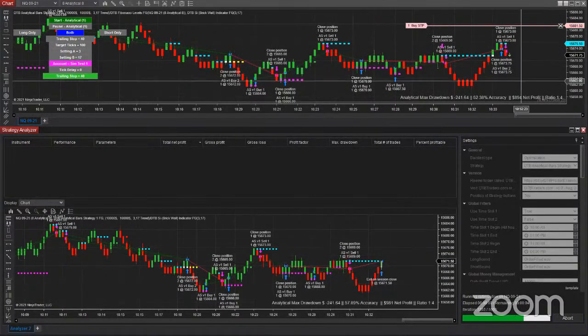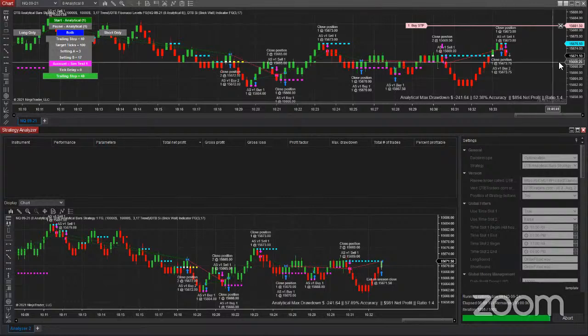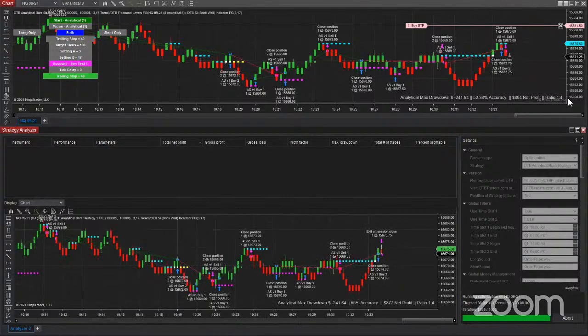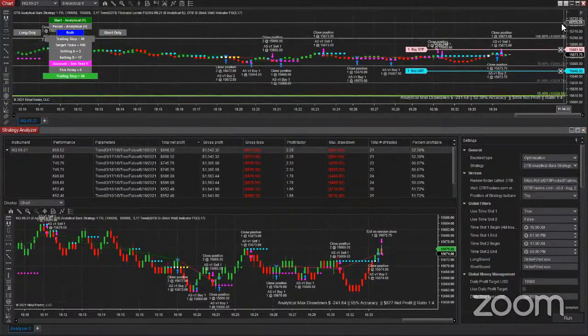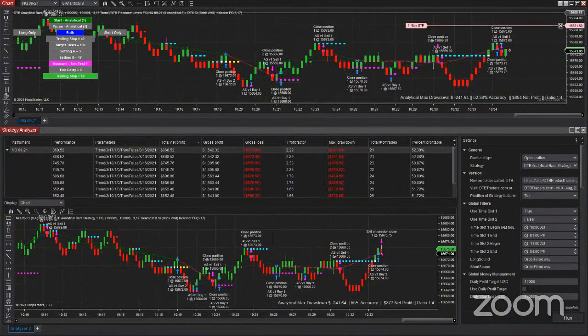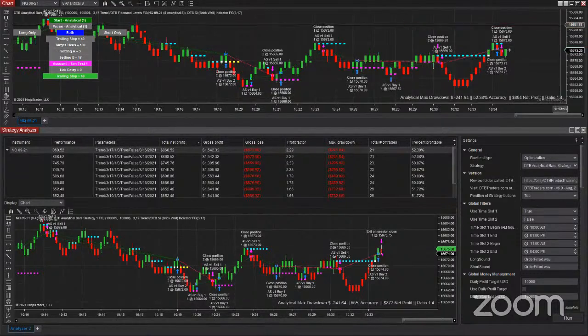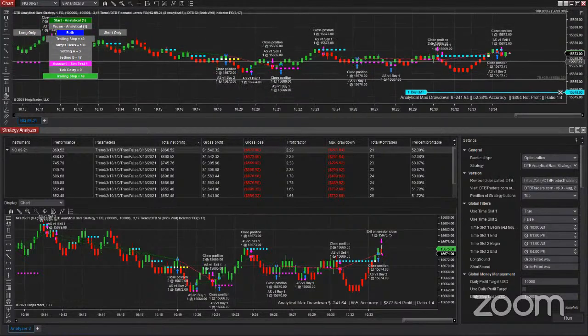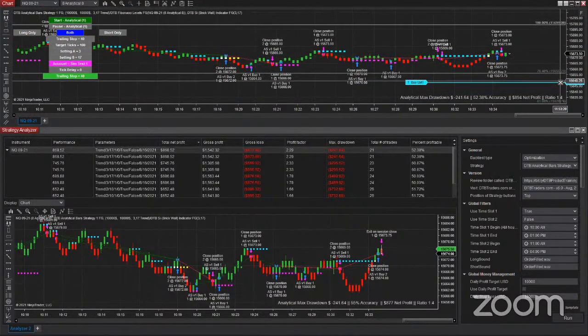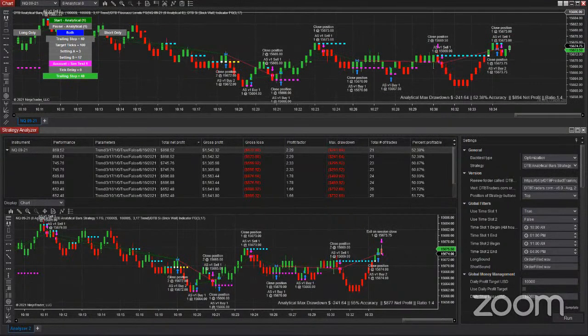So I'm not sure exactly what happened there. We may have had something happen, but we only got limit orders in play, no actual trades. So that's a bit odd. Maybe just NinjaTrader being NinjaTrader again.